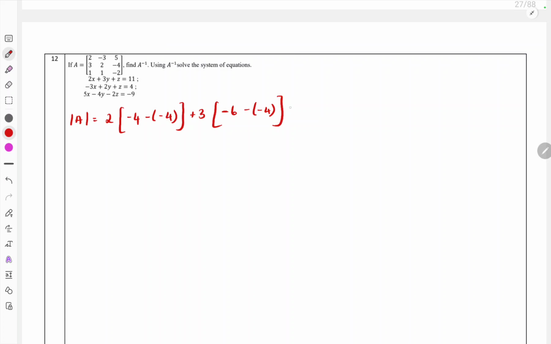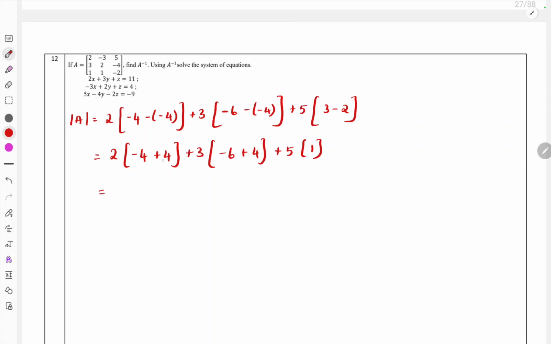Then plus 5 into, delete the row in which 5 is present and the column in which 5 is present. So 3 minus 2. So now it will be equal to 2 into minus 4, minus of minus 4 is plus 4, plus 3 into minus 6, minus of minus 4 is plus 4, plus 5 into 3 minus 2 is 1.